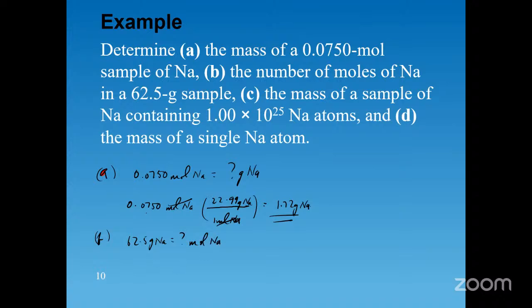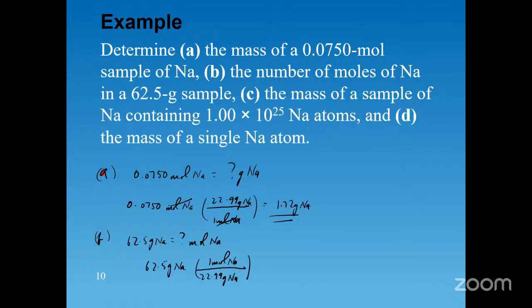So my question to you is, based on what we have done before, how will you do the B part? They gave you, write this down here, they gave you 62.5 grams of sodium. So my question to you is, what would be within the conversion factor here? What would go up top here, and what would go below here? Okay, so 22.99 grams of sodium will go below, and 1 mole of sodium will go above.